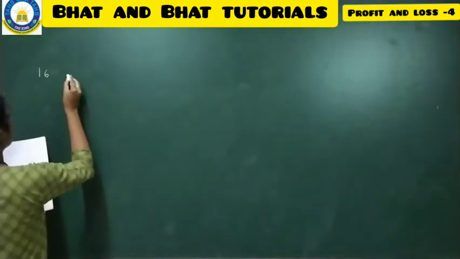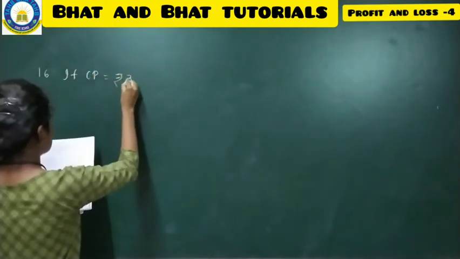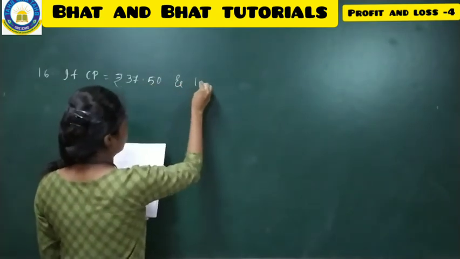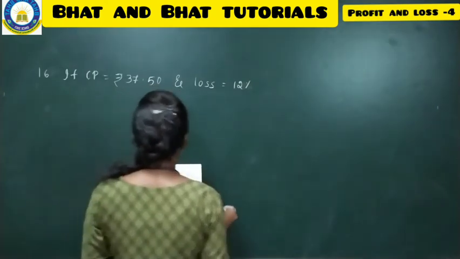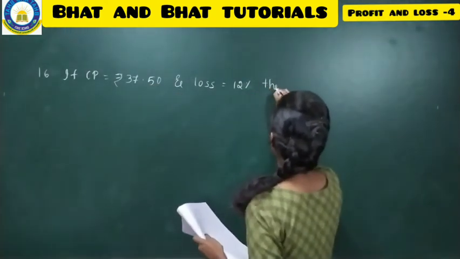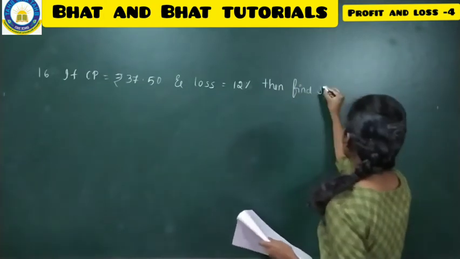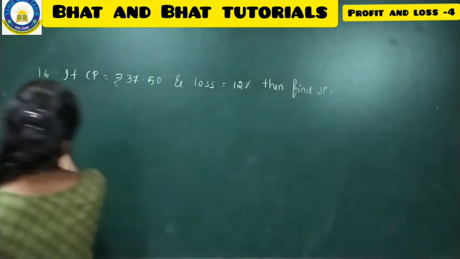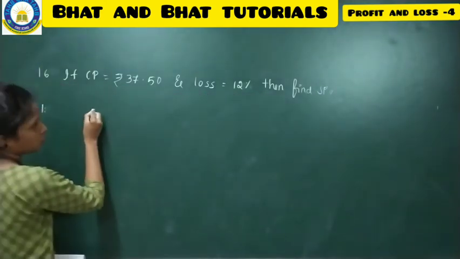If CP is equal to rupees 37.50 and loss is equal to 12%, then find SP. What you have to find in the question is SP. They have given you CP and loss. Use the formula and do the easiest one.